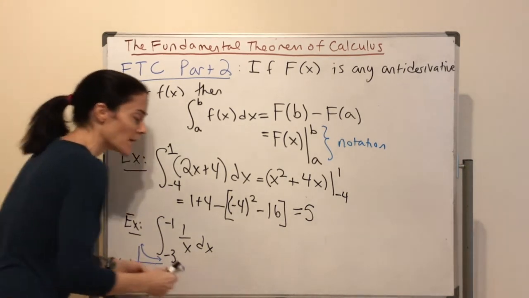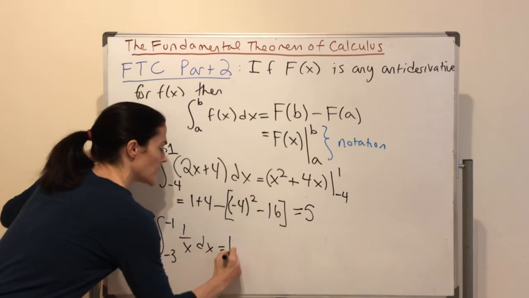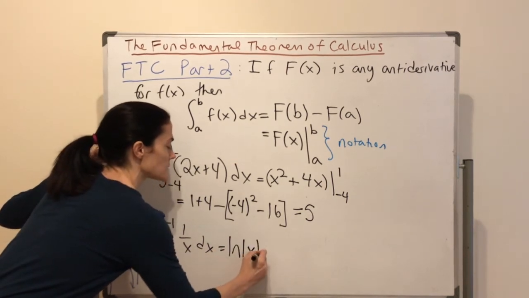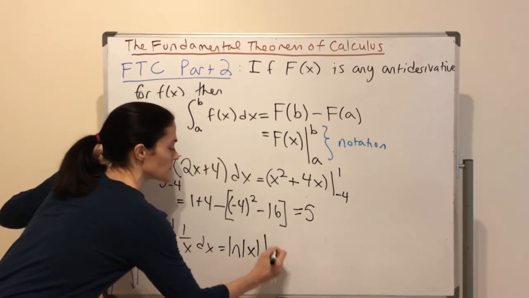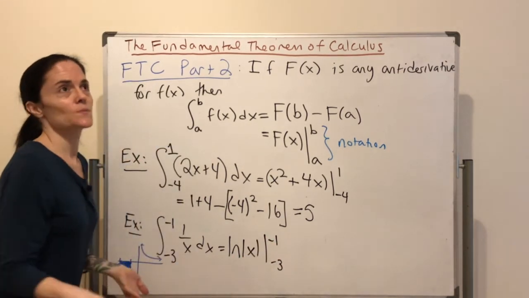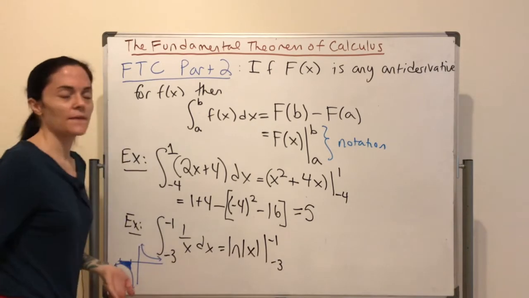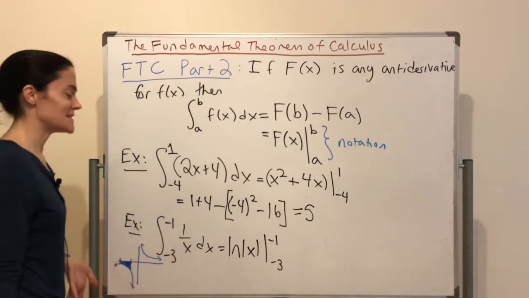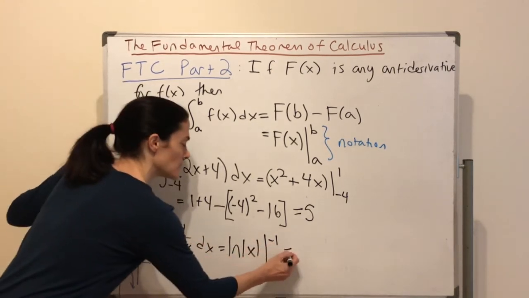Okay, but now we integrate. We get ln, absolute value of x, evaluated between -3 and -1. This is why we can't just say ln x, because we could not evaluate at the upper and lower limits of integration.